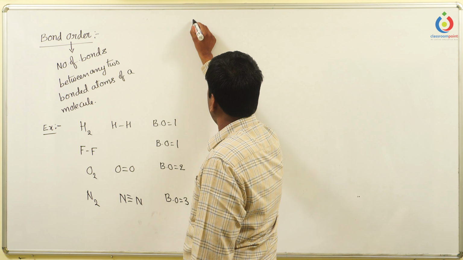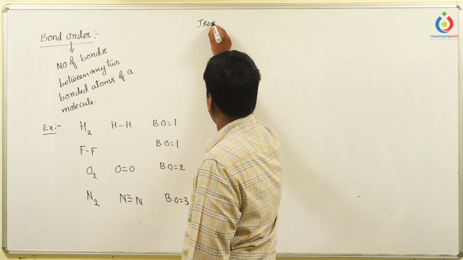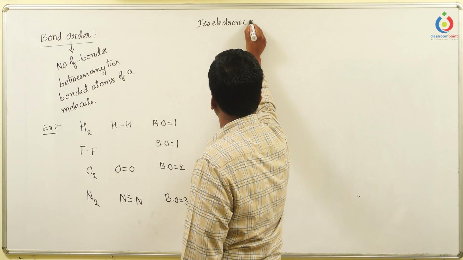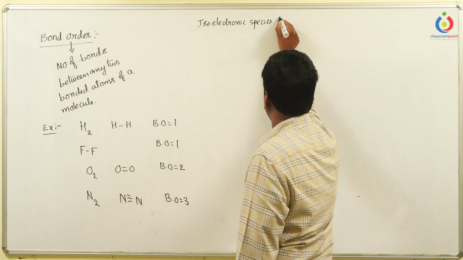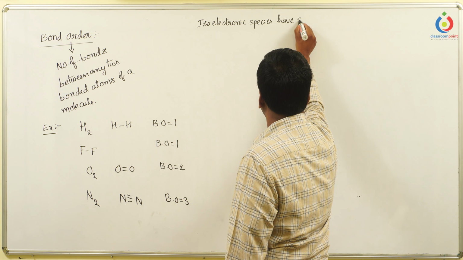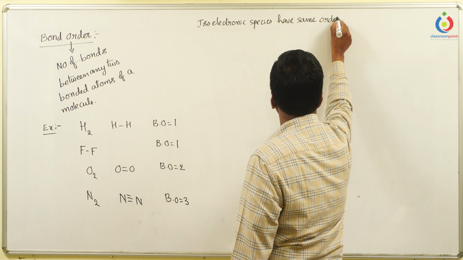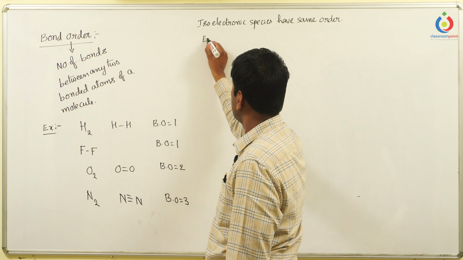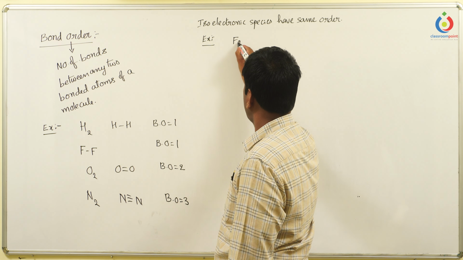Another case is among isoelectronic species. Isoelectronic species have the same bond order. Example, let us take the fluorine molecule.